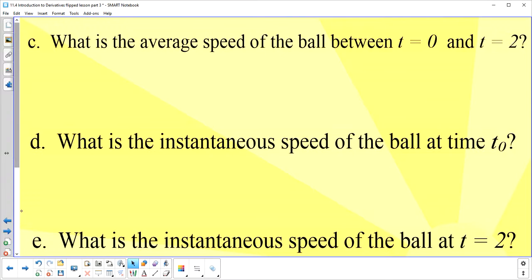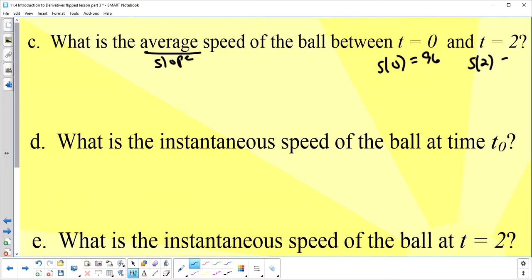Okay, the next thing, what is the average speed of the ball? If we're talking about average speed, in this case we're finding slope. So what I need to do is find s of 0 by plugging in 0, and I would get 96, and t sub 2, I'm finding s of 2 and plugging that in, I'm going to get 192.